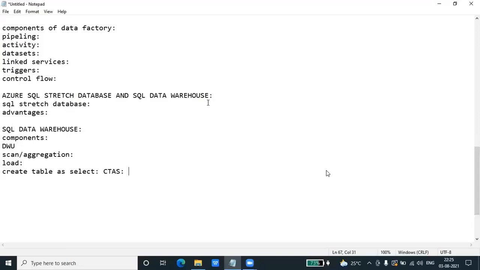Then we have private cloud. So the private cloud is defined as the computing services offered either over the internet or a private internal network, and only to select users instead of the general public.